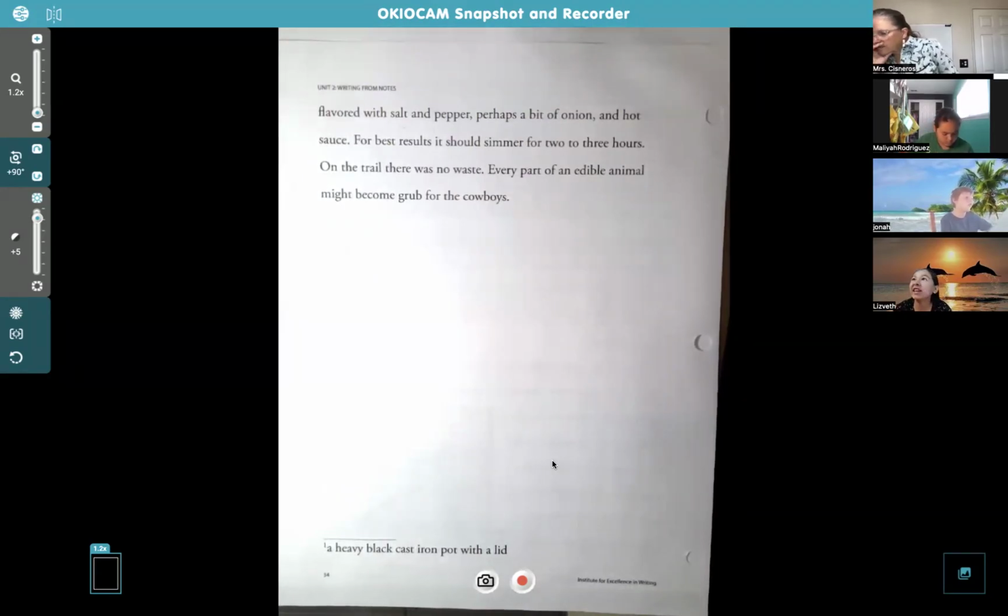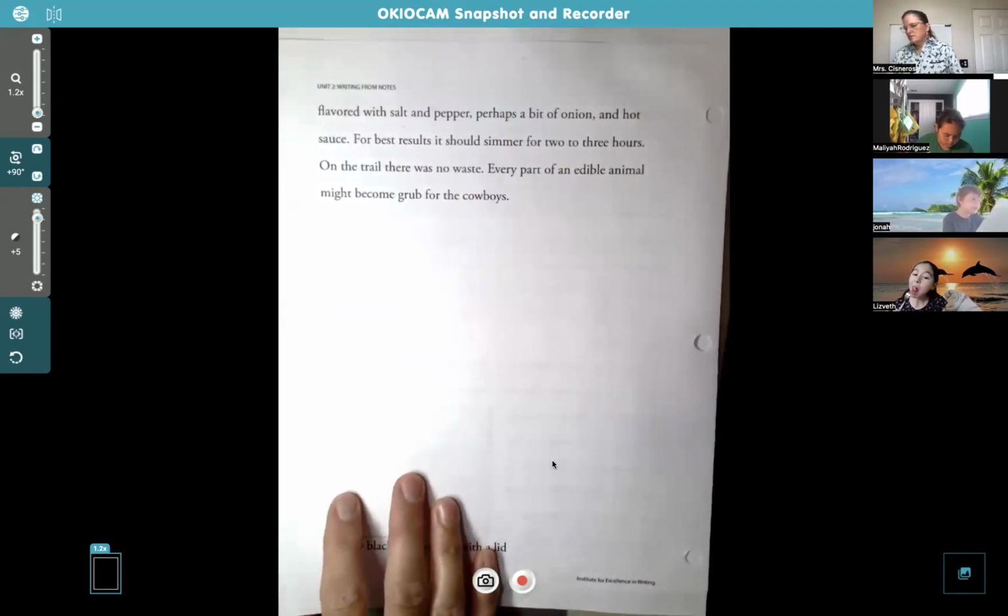The best results, it should simmer for 2 to 3 hours on the trail. Oh, there was no waste. Every part of an edible animal might become grub for cowboys.